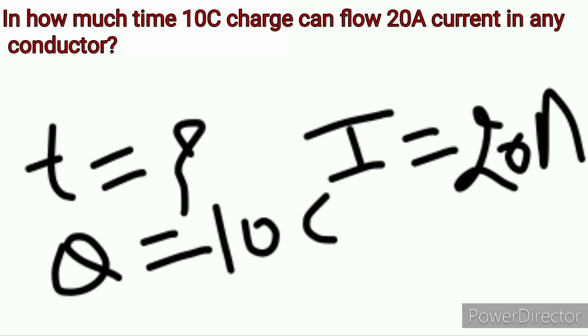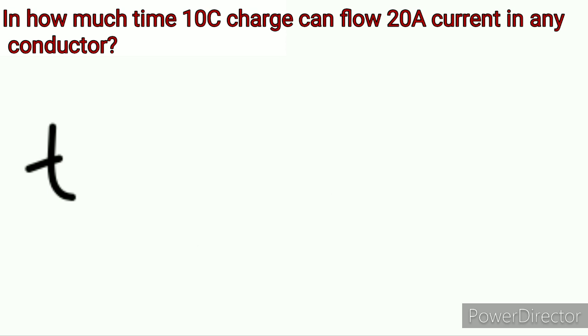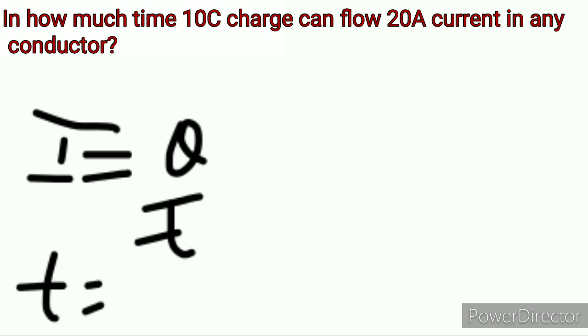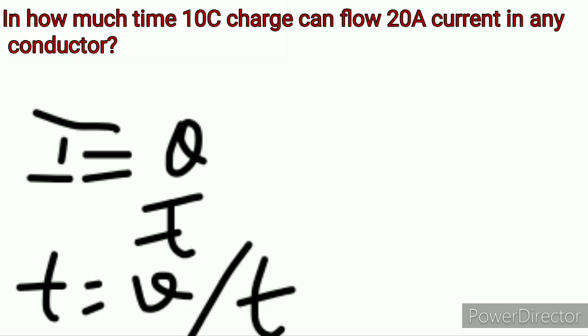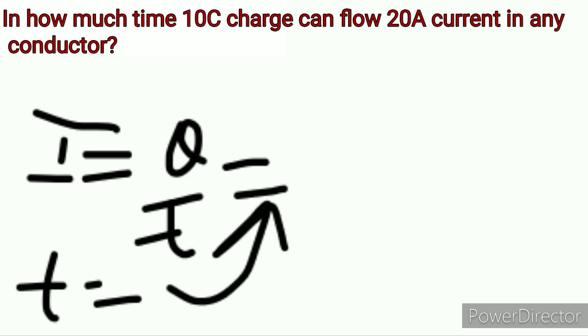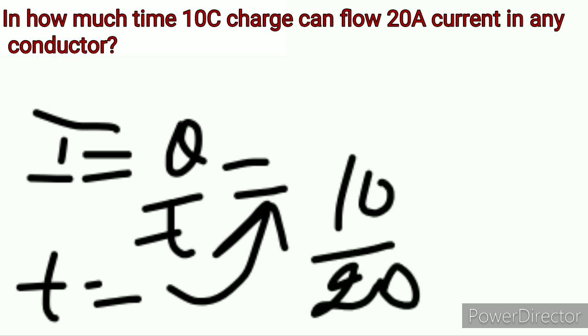Applying the formula I equals Q upon T, we have to find T, so T equals Q upon I. Applying the values, T equals 10 upon 20, because 10 is the charge and 20 is the current.